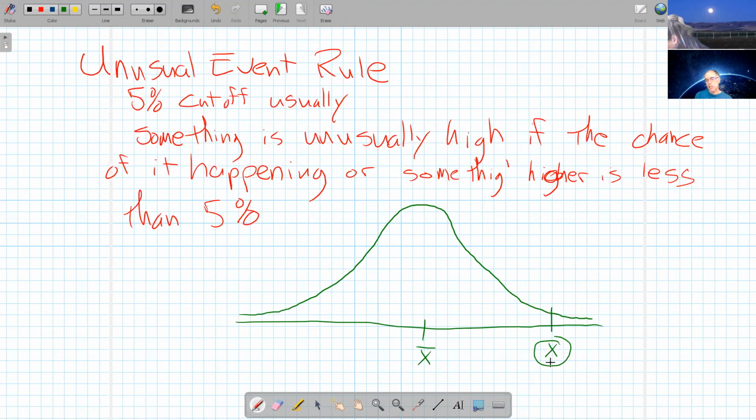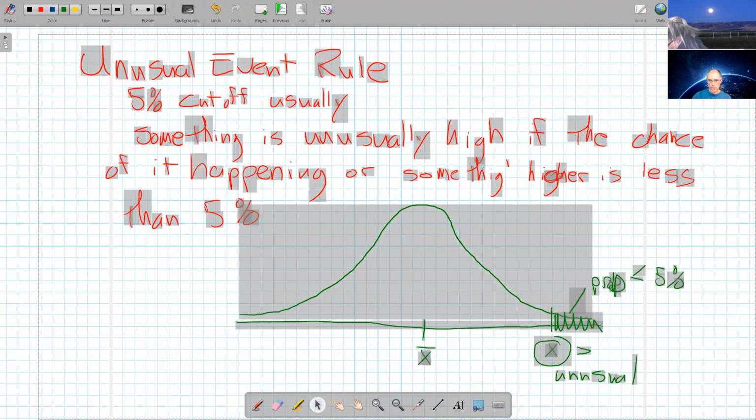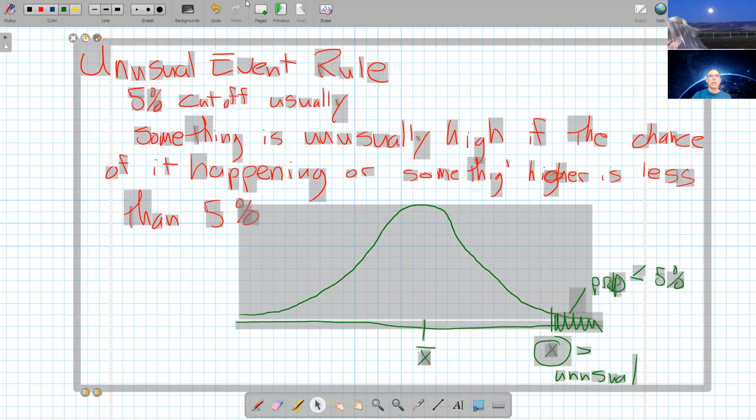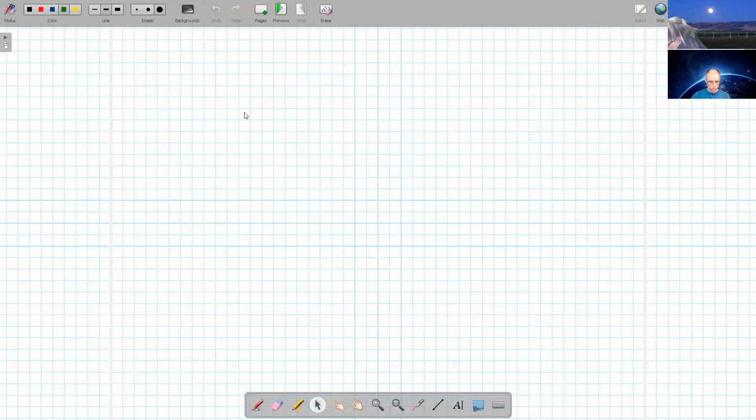That value is said to be unusually high if the chance of it happening, or any number out here, so if I get X or any value greater than X, if this probability is less than 5%, then we say this is unusual. And it goes the other way too, so I'm just going to state this for unusually low.